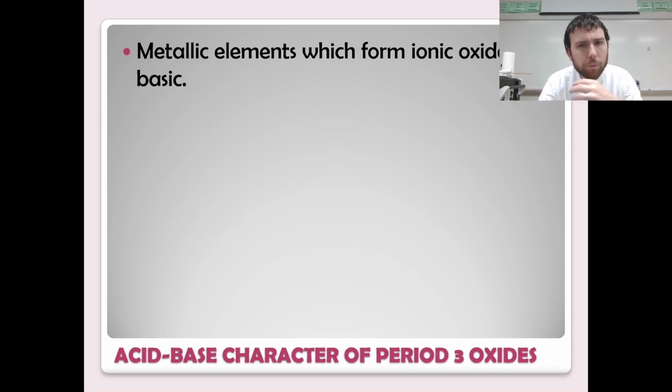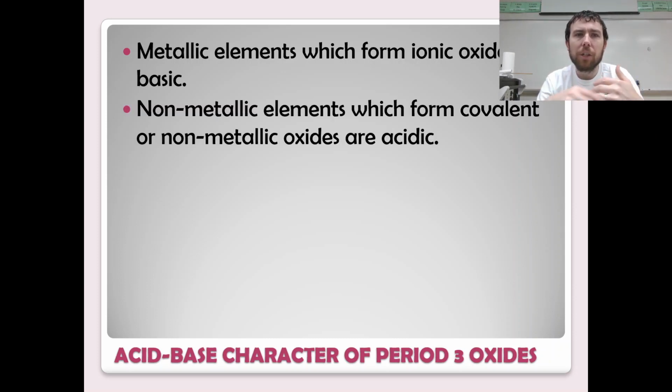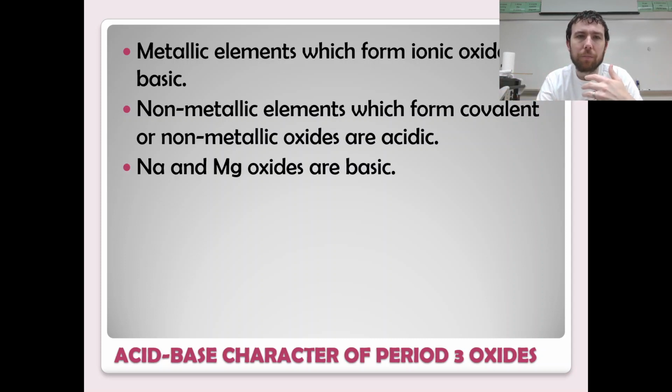Now, we've talked about these oxides, and so it's important to recognize that when the metallic elements which form those ionic oxides are placed in water, it reveals their basic character, right? So they're basic in nature. For your non-metallic elements, so your oxides from phosphorus, sulfur, and chlorine, when they're placed in water, because of their covalent bonds, what we see is that those oxides tend to be acidic in nature.